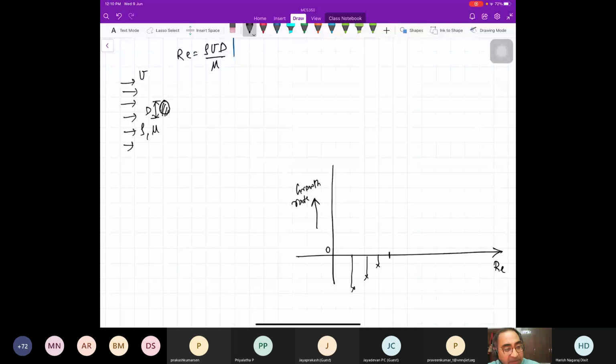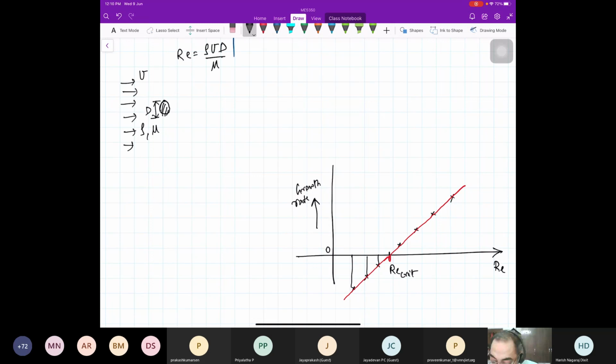But beyond a critical value of Reynolds number, typically in an experiment, as we keep increasing the speed of the fan, beyond a certain value, you will start seeing that there will be growth. Now I can connect all these points and I have a curve like this, from which I get the value of critical Reynolds number, Re critical.